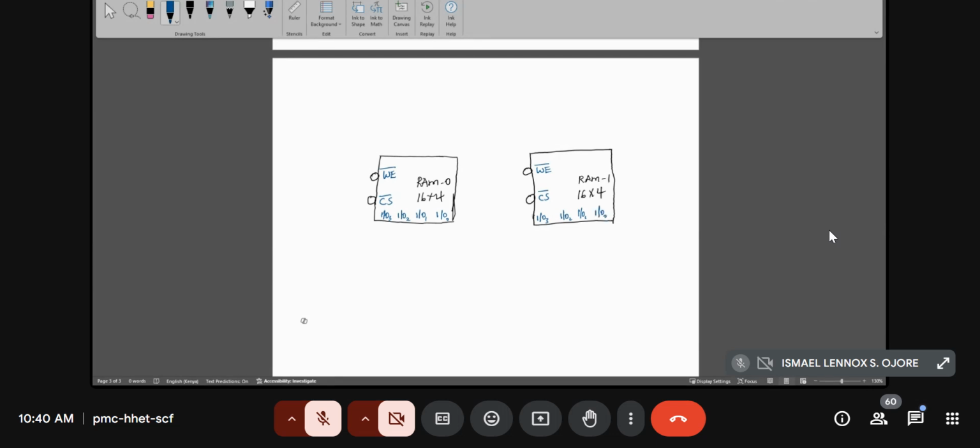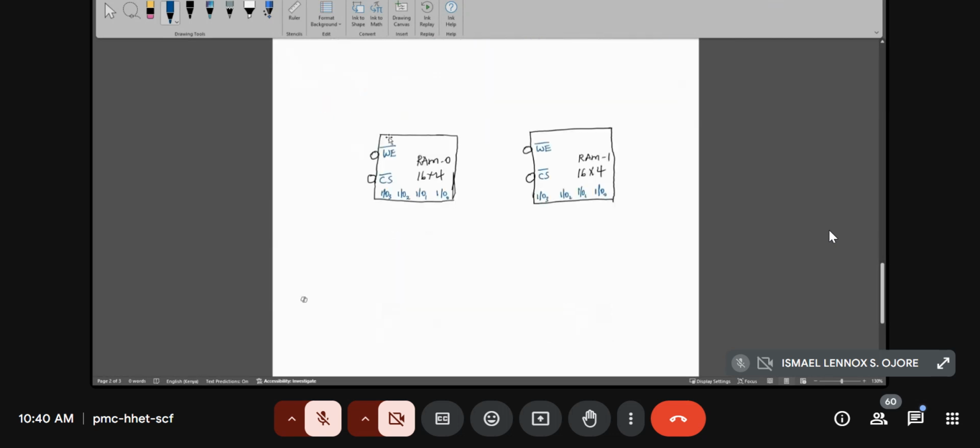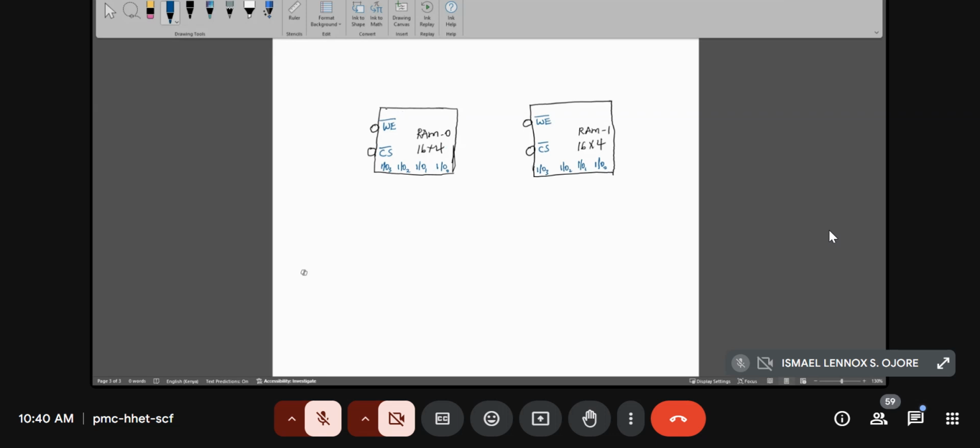And each of the chips also has 4 address inputs. So these are the address lines.